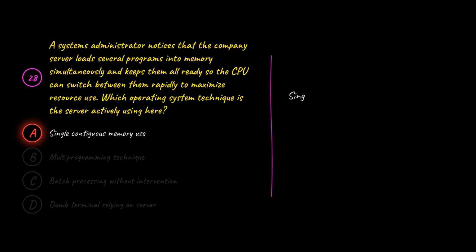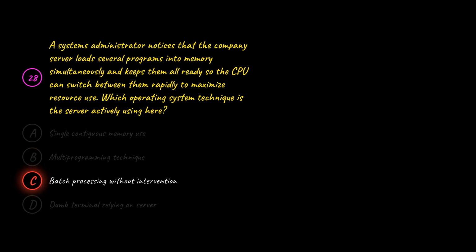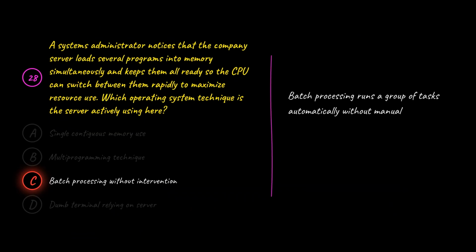A is wrong because single contiguous memory use loads only one entire program into memory at a time. This severely limits resource use and directly contradicts the scenario where multiple programs are loaded simultaneously for concurrent execution. C is wrong because batch processing runs a group of tasks automatically without manual intervention between them.